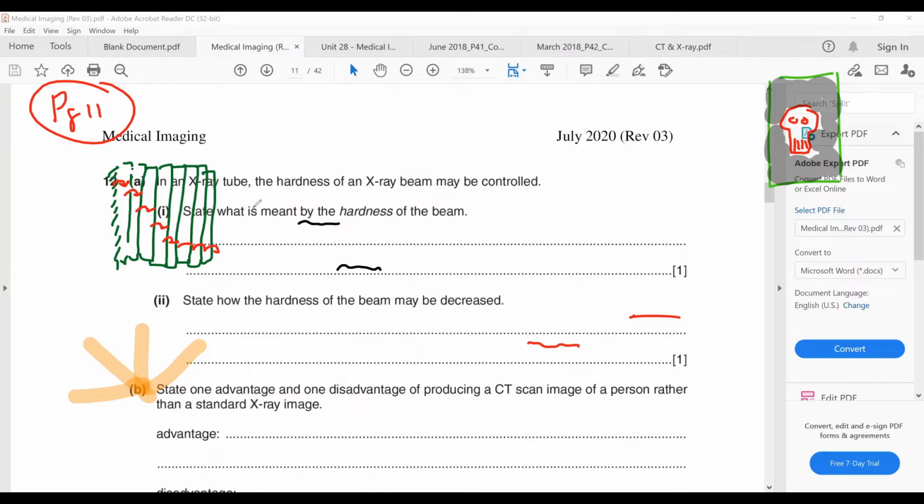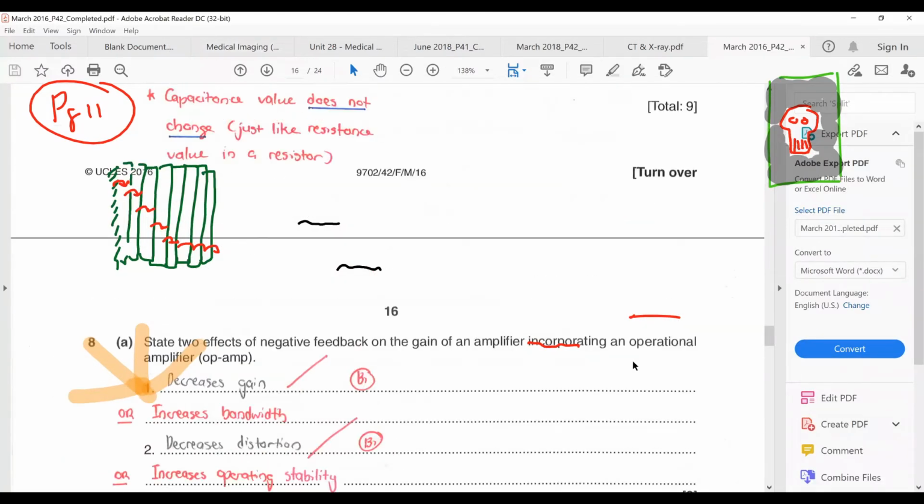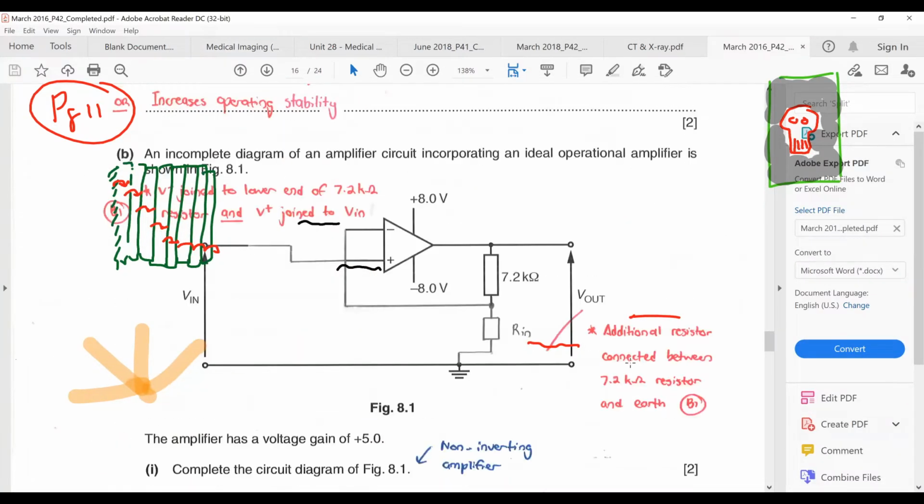Page 11 has something to do with X-rays for the first part, but the second part won't be on X-ray. This one is Mark 16 P42. Okay, that one will be question 12.